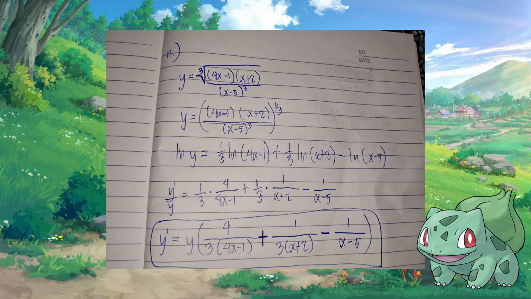This is the same as number 10, and we need to multiply each given. So the answer is y prime equals y times 4 over 3 times 4x minus 1 plus 1 over 3 times x plus 2 minus 1 over x minus 5. So this is the final answer.